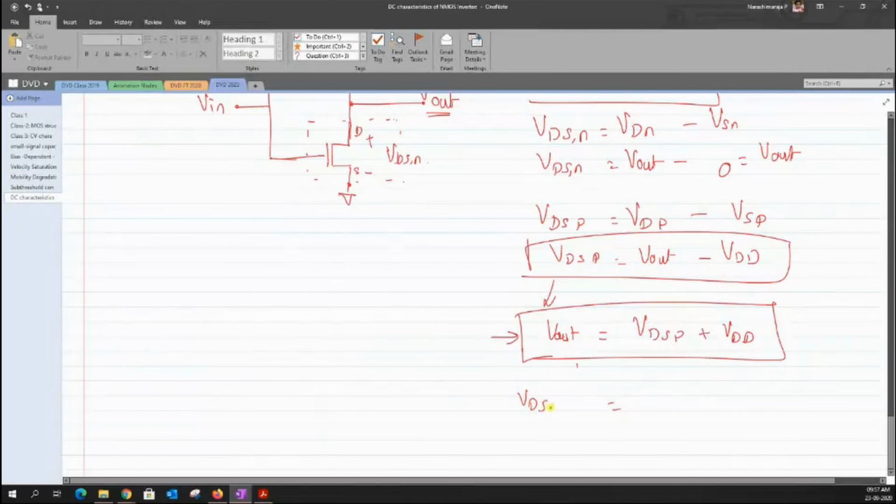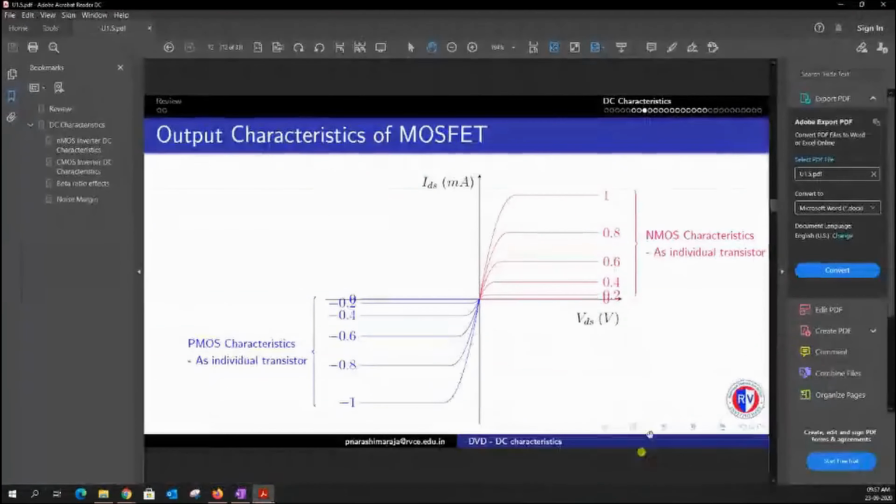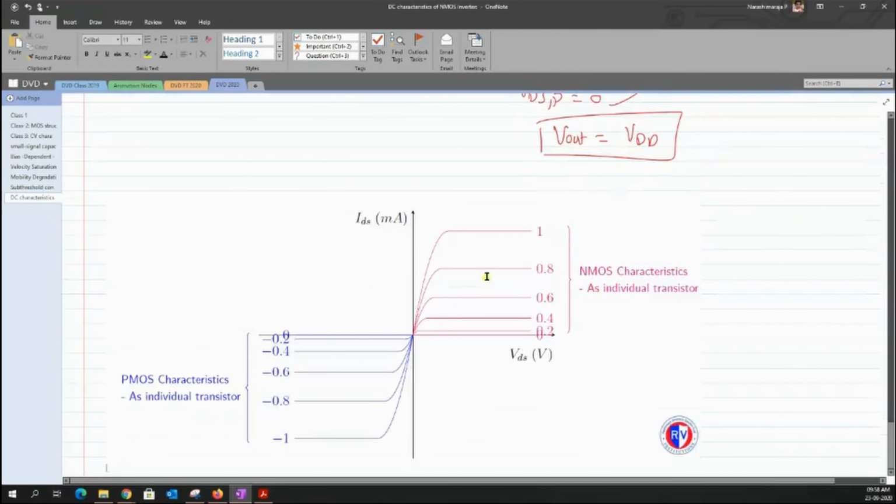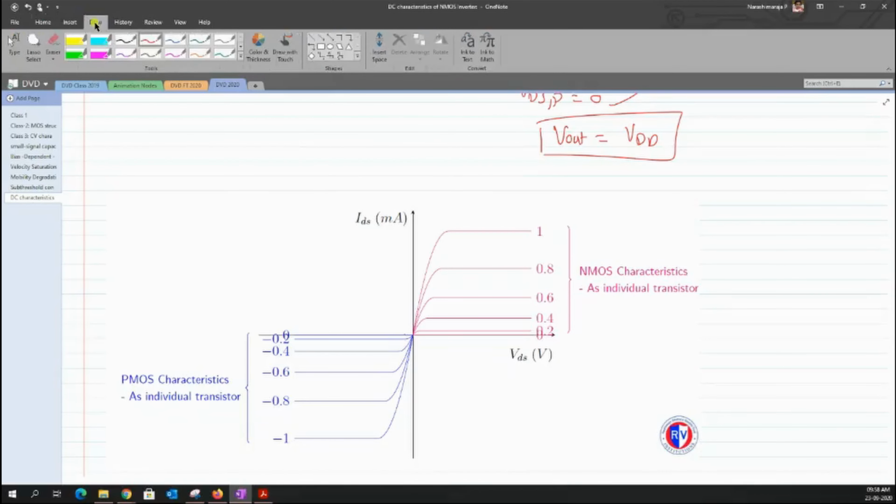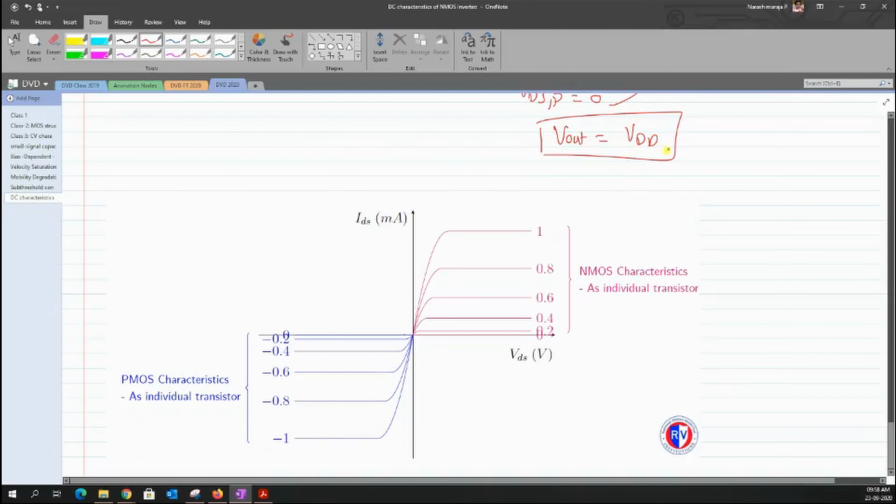When I use this value in this expression, I end up having Vout equal to VDD. So from here, each and every point has to be shifted onto our Vout axis.